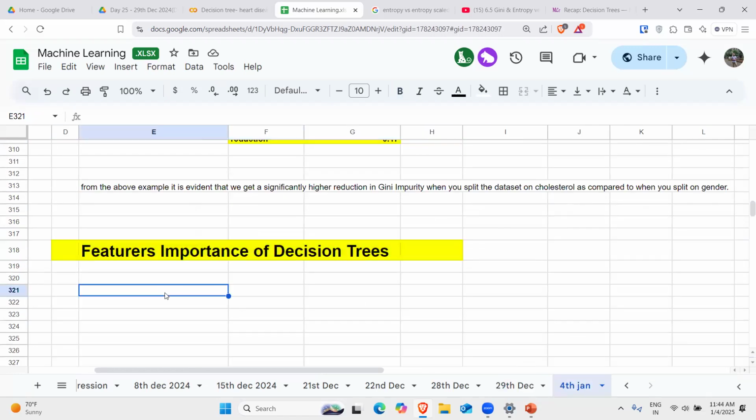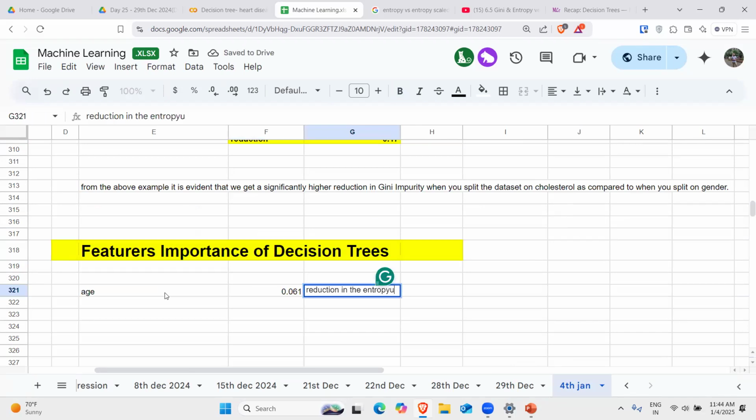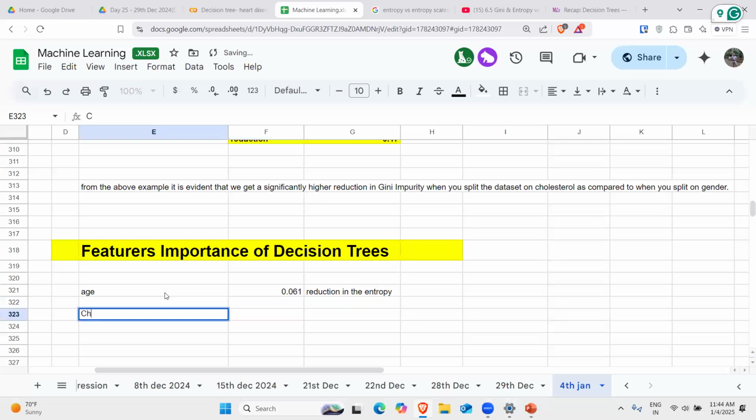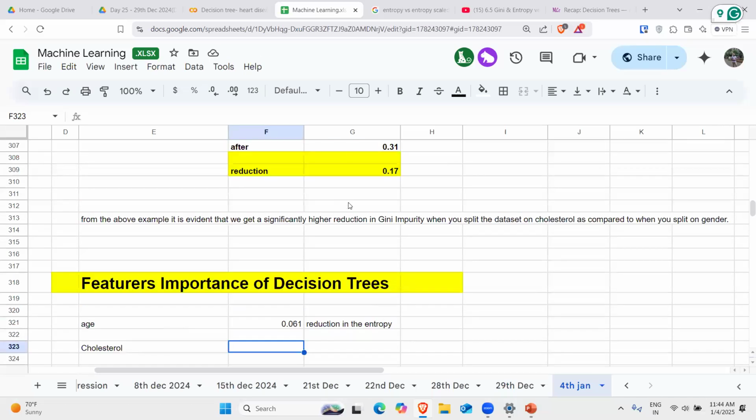So if I select age and do the splitting, my information gain is only 0.06. That is the reduction in the entropy, right? If I take cholesterol, my reduction in the impurity was quite high. It was 0.17. The reduction in the entropy.